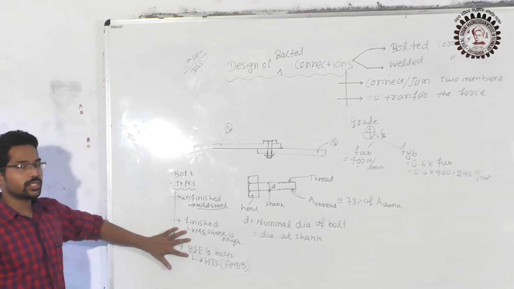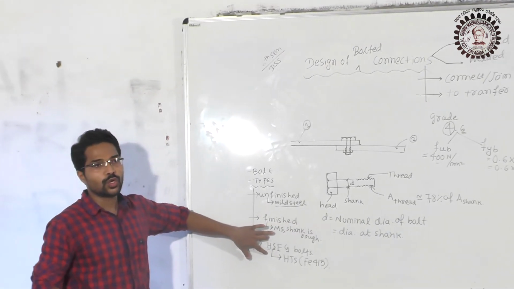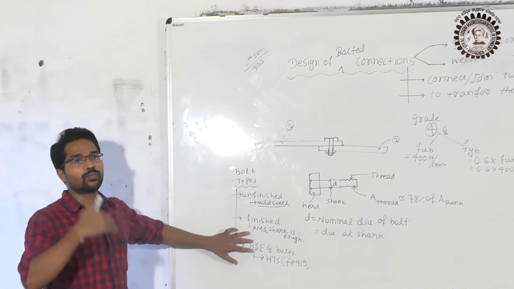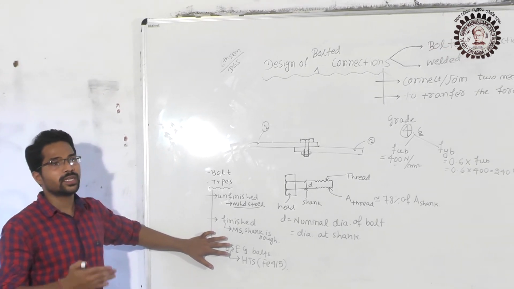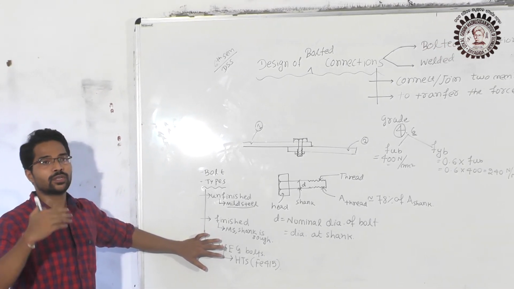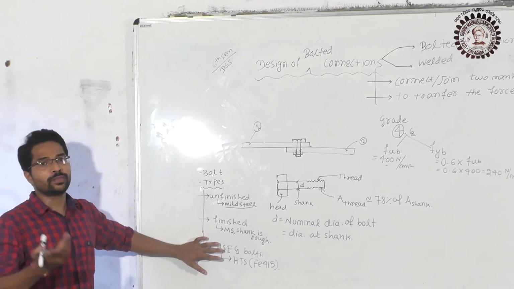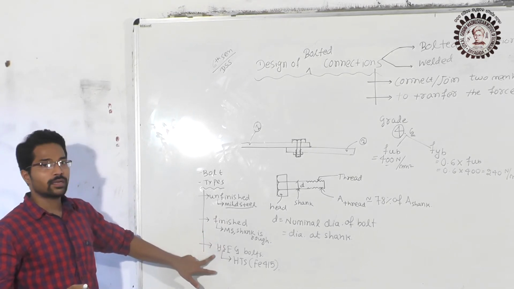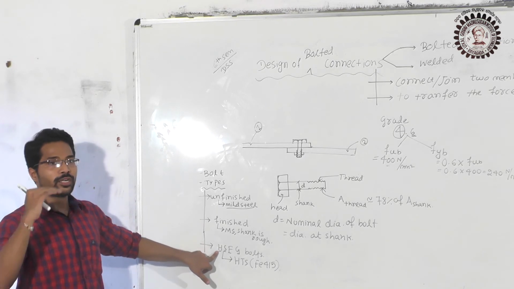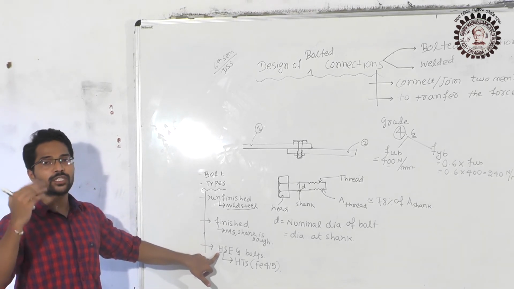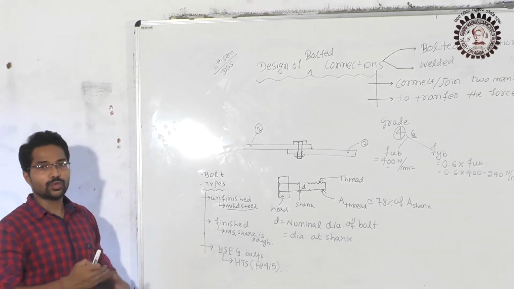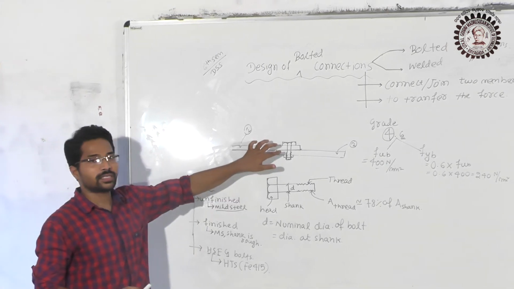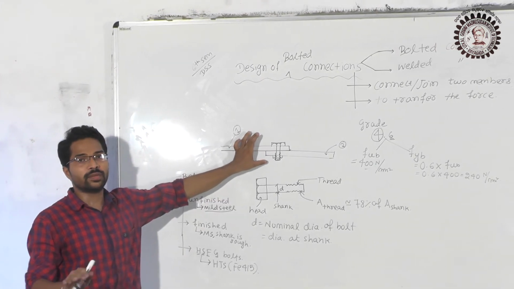So while using HSFG bolts, what we do? We tighten it up to the proof load. Proof load means approximately 80% of the high tensile strength or ultimate strength. Okay, so we tighten it to 80% of the ultimate load. Due to that, the slippage between these two plates is eliminated.